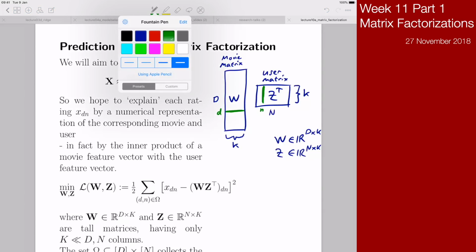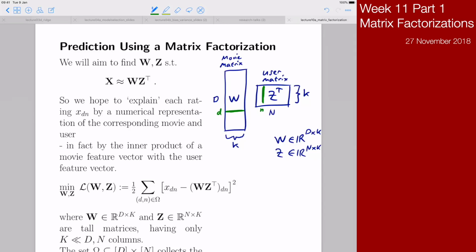And I'm trying to do this such that my x, which I'm trying to predict for a particular d and n, which is how many stars we have, is predicted by this entry here. So this is my model, if you want. And it's very simple, right? It's just multiplying this green row of W with the corresponding column of Z transpose.